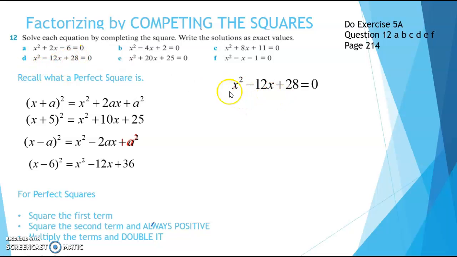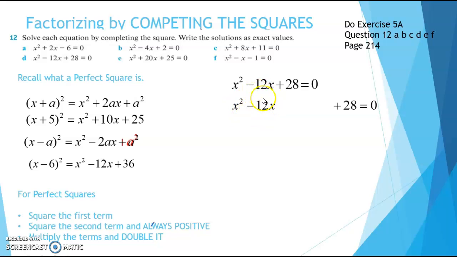So let's have a look at this example here. That's number D. x squared minus 12x plus 28. Remember, we do the first two terms. We're going to set up a perfect square with the x squared minus 12x. So move the 28 across because we have been told to use completing the square. Now, the opposite of what we've been doing, instead of doubling it, we halve it.